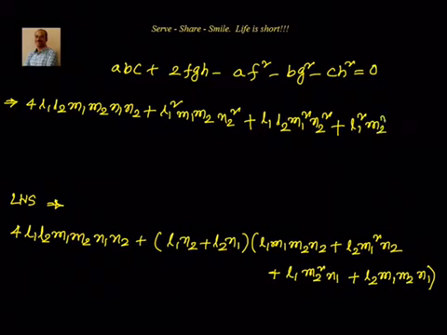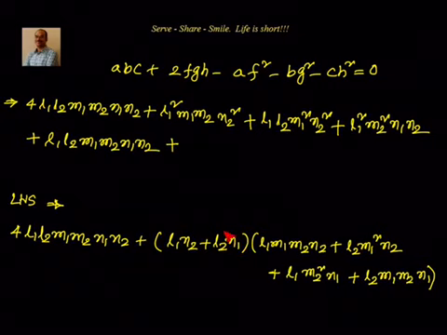The last one, L1 N2 into L2 M1 M2 N1, that is L1 L2 M1 M2 N1 N2. 4 are over. Let's go to the next 4 now.